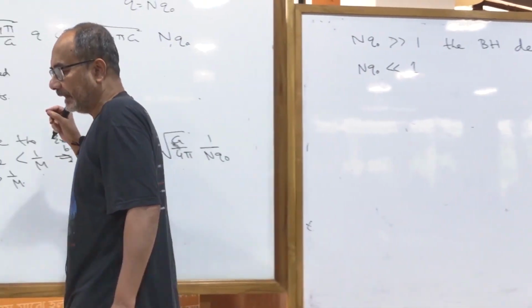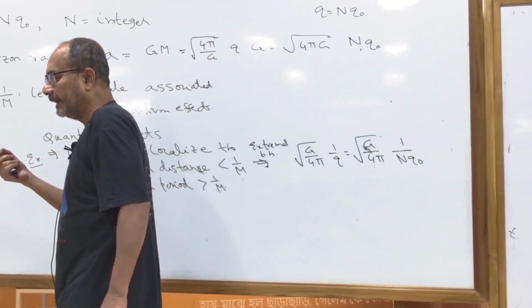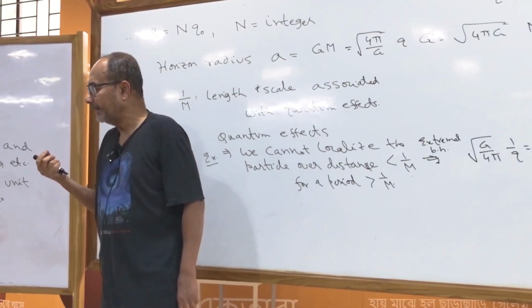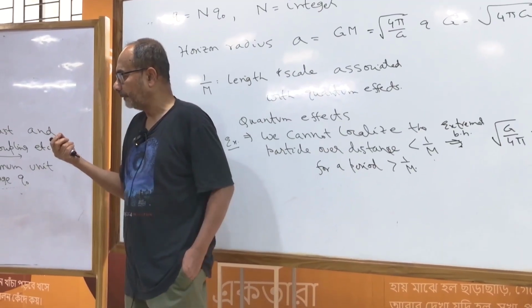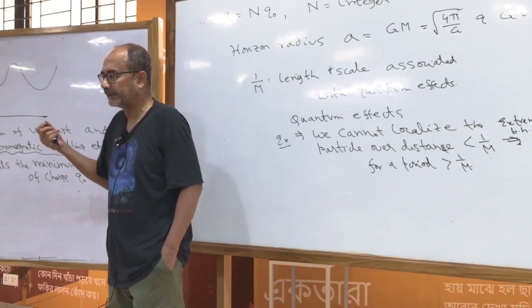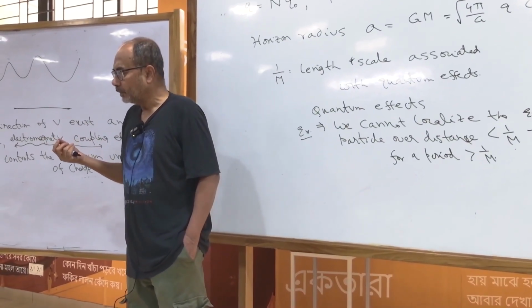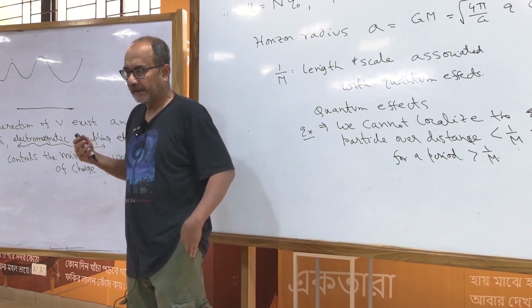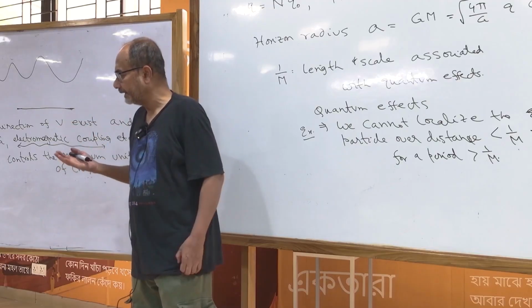Q naught, as I said, is the unit of charge. And unit of charge being small means that the electromagnetic coupling is small. When is the electric charge small? The electric charge of an electron is small if the fine structure constant is small. So, unit of charge being small means that the interaction between these particles is weak.